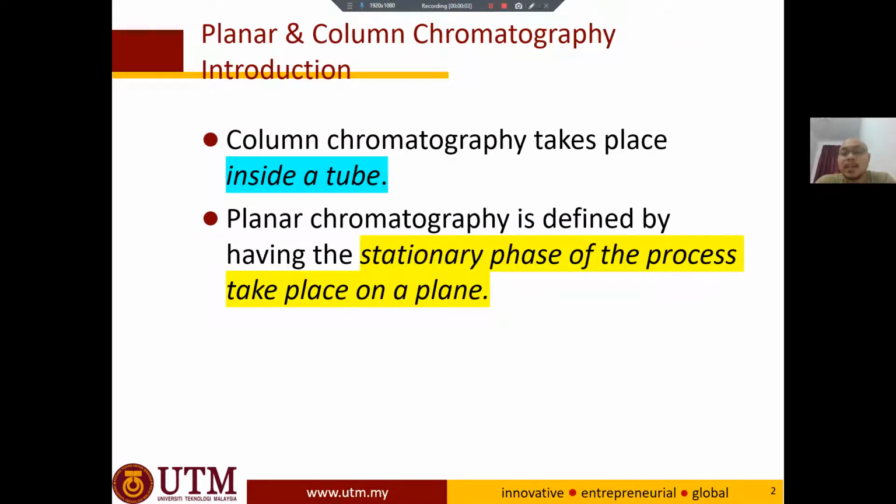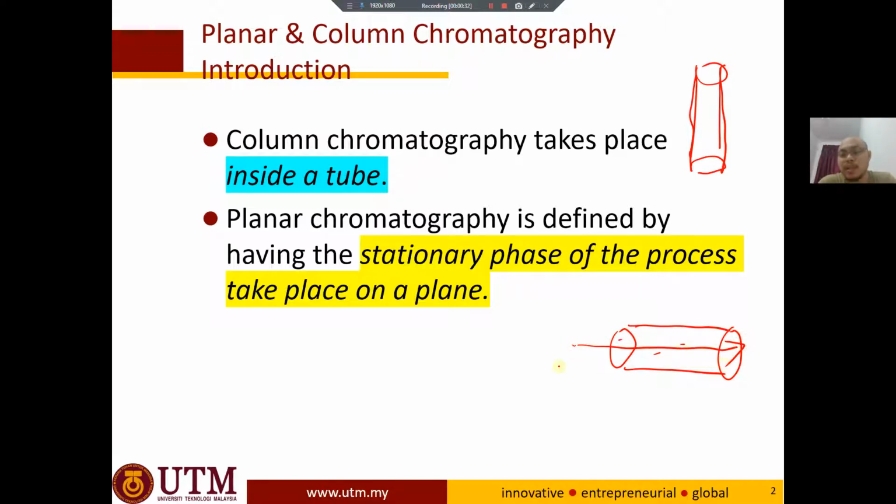Let's go. The first thing, we always begin with the definition. Column chromatography takes place inside a tube. So we imagine the column made of a tube. I'm not very good with 3D.